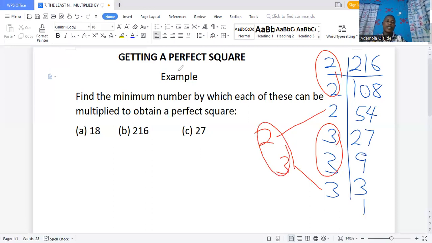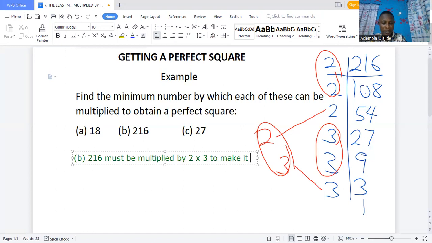So in B, where we have 216, it must be multiplied by 2 times 3 to make it a perfect square.